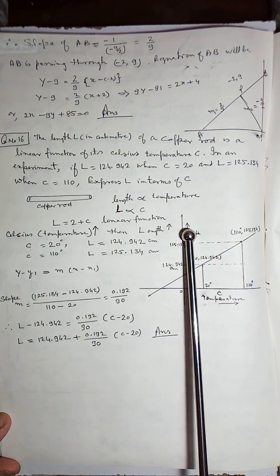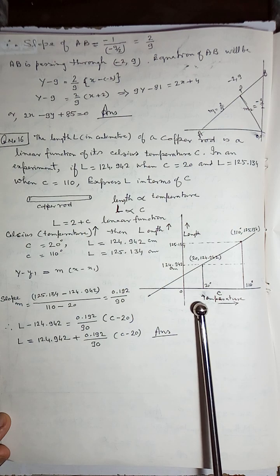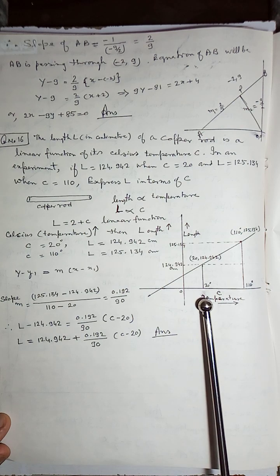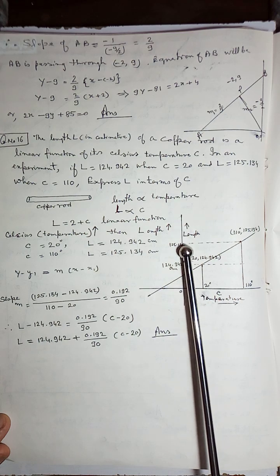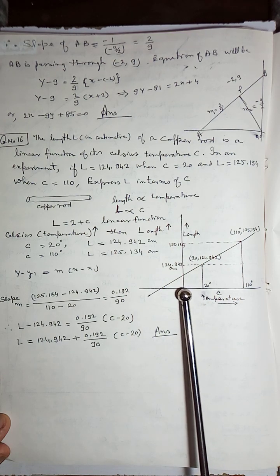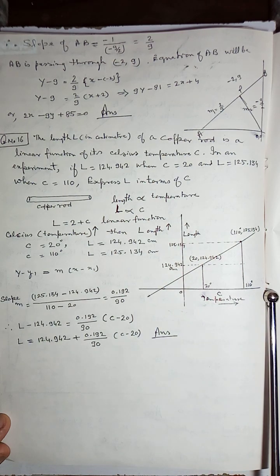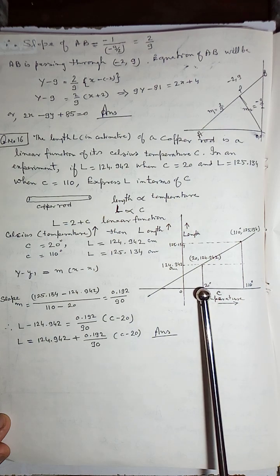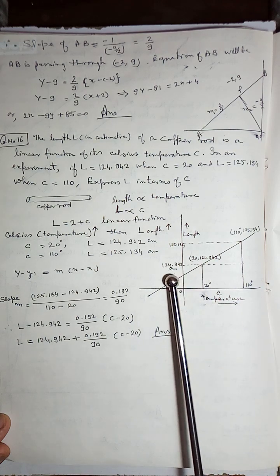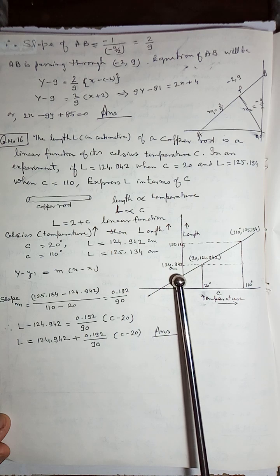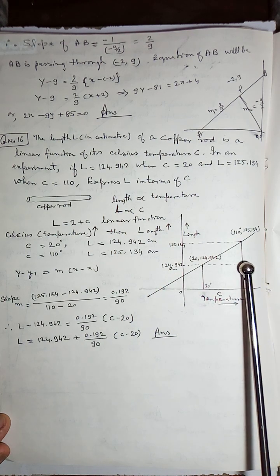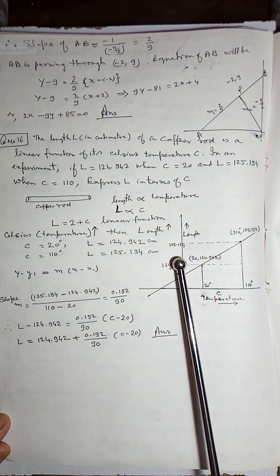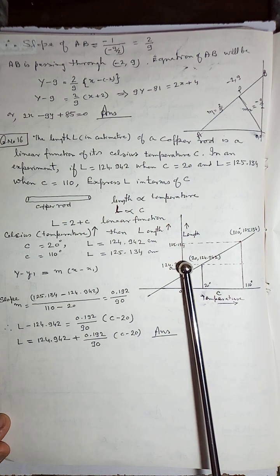Here I have drawn the graph. You see, at 20 degrees Celsius, its length is indicated on the y-axis and temperature on the x-axis. At 20 degrees Celsius its length is given as 124.942, and at 110 degrees Celsius its length is given as 125.134.